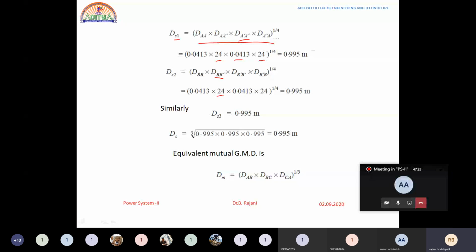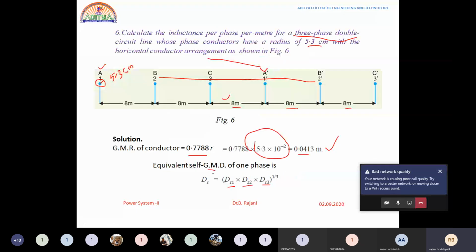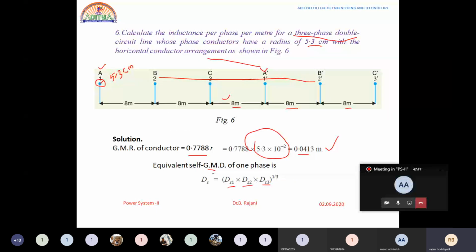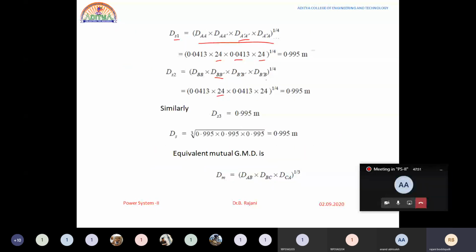Why? Because they are placed at equidistance from each other. They are in symmetry, so we will be getting the same answer: DS1 is equal to DS2. The answer for D B dash B is also 24. Likewise, we have to see for C and C dash C also. C is over here and C dash is also over here. We have 8 plus 8 plus 8, which is 24. If you find C dash also, you will get 24. In the reverse direction also, the distance is the same, 24. So finally, what is the conclusion?